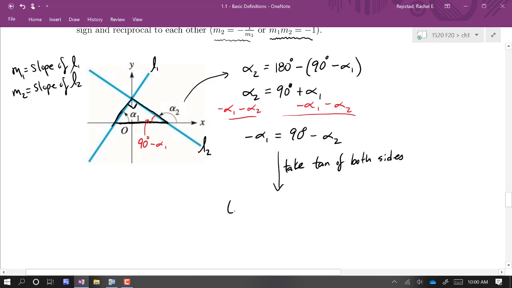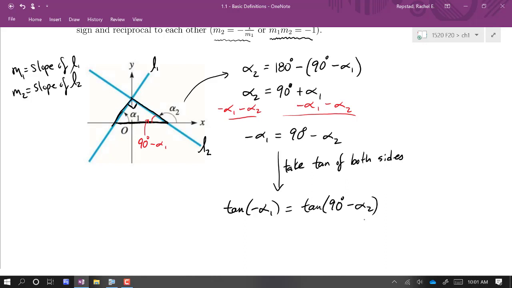So tan of negative alpha 1 is equal to tan of 90 degrees minus alpha 2. So now we're getting closer to being able to make a statement about slopes, because we've got the tangent function involved here. I'm going to use a couple of facts.